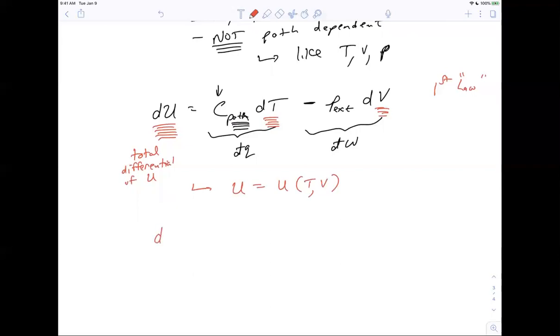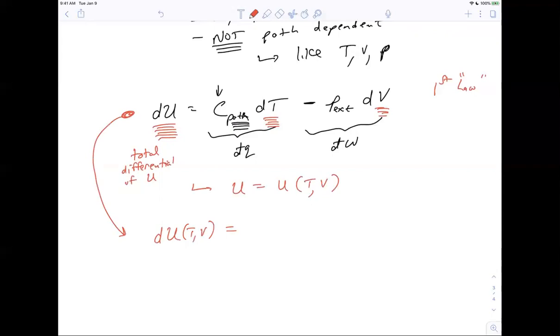So du, starting with this, we can see that u is a function of temperature and volume. Now we're going to use our concept of partial derivatives. So u is a function of two variables, temperature and volume. We won't let n change, so we're not going to worry about that for the moment.